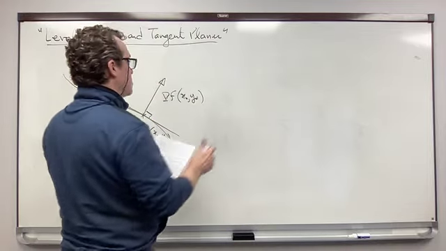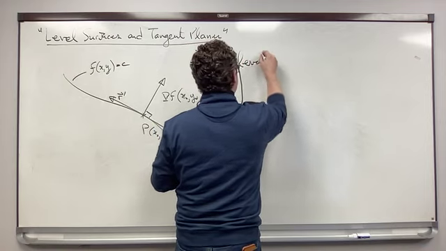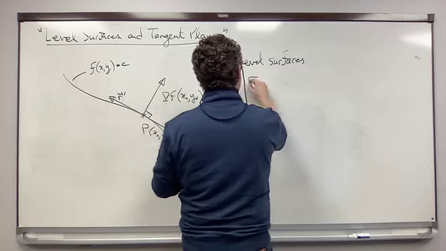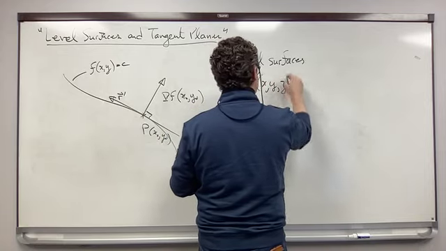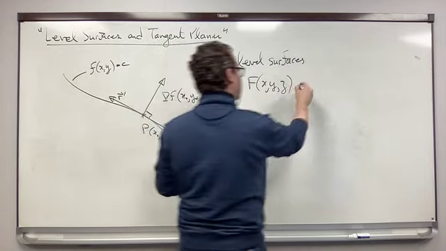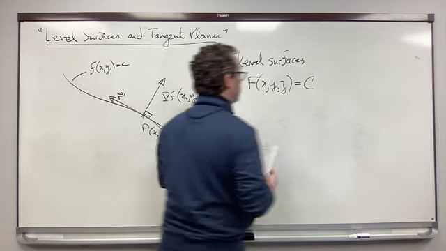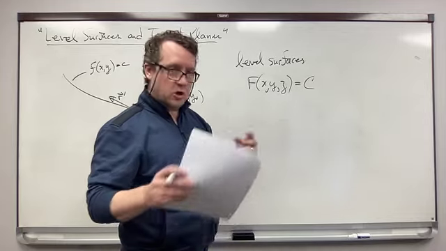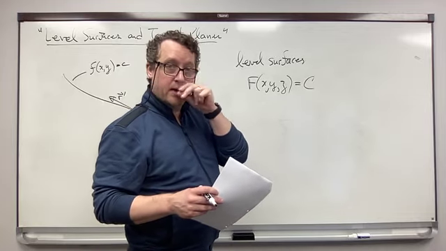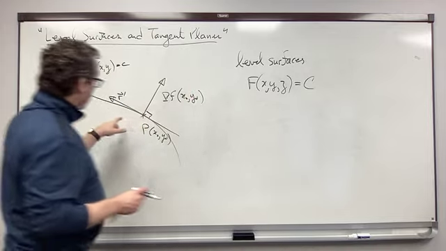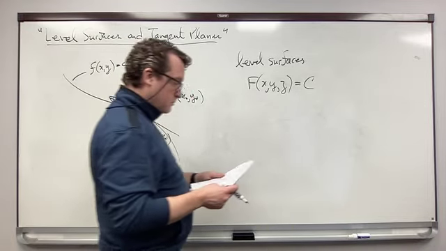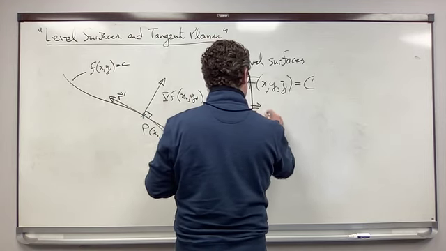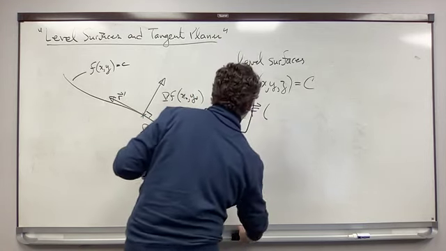So the level surfaces for some function F of x, y, and z, no significance to capital F, I'm just choosing that, are equal to some constant. I could choose a series of different constants and get different level surfaces. Much harder to visualize now, and not easy to sketch, but still the same concept as the level curves we had before.